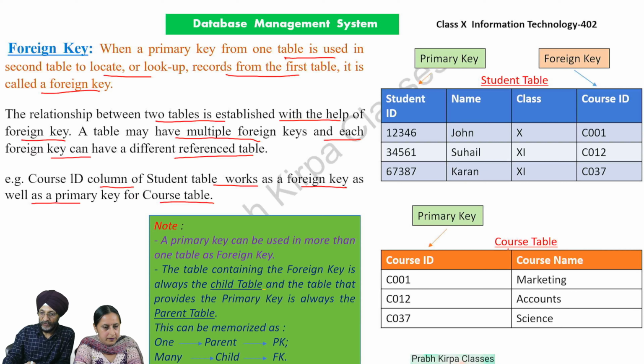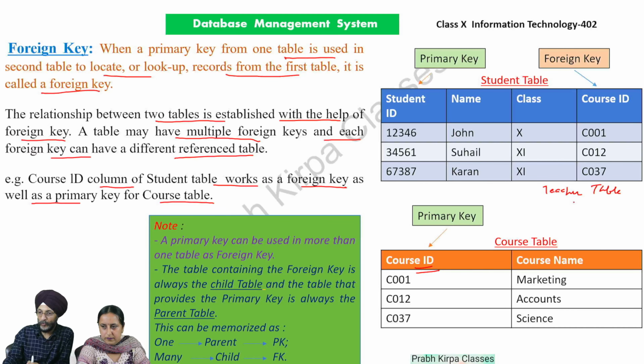In the course table, course ID is the primary key, but in the student table, it is appearing as a foreign key. In a table, there can be only one primary key. The number of foreign keys can be more than one. Suppose there is another table called the teacher table.